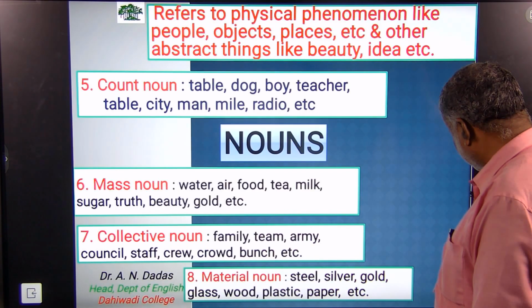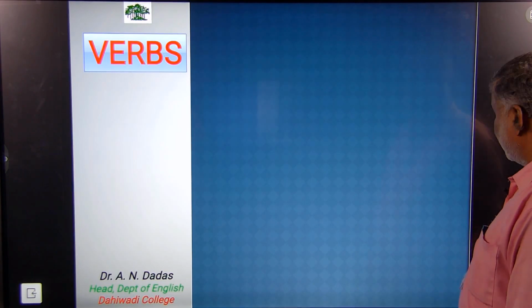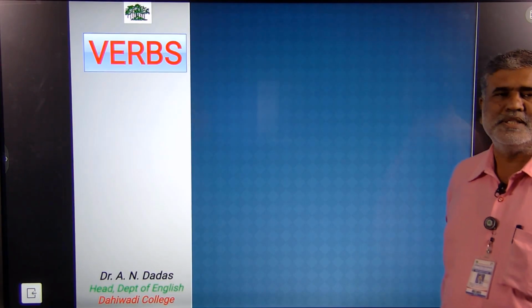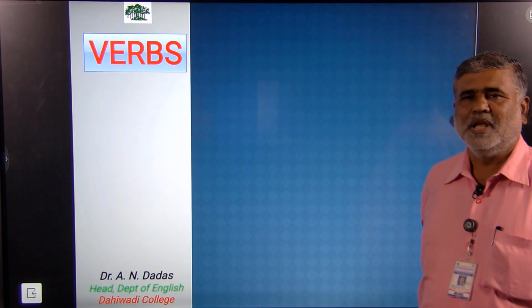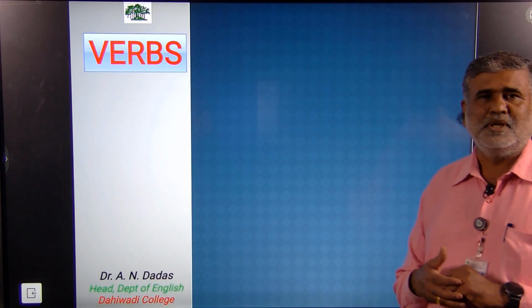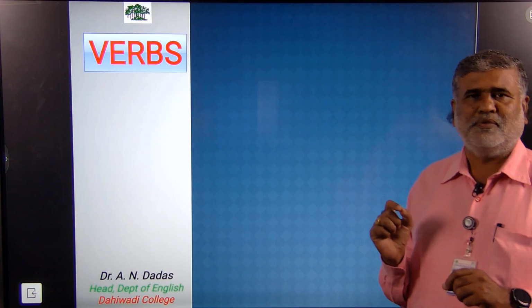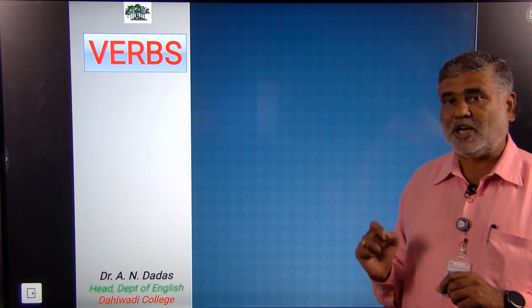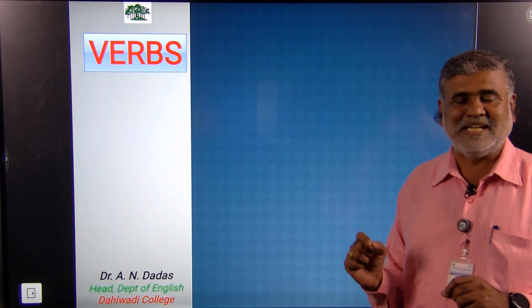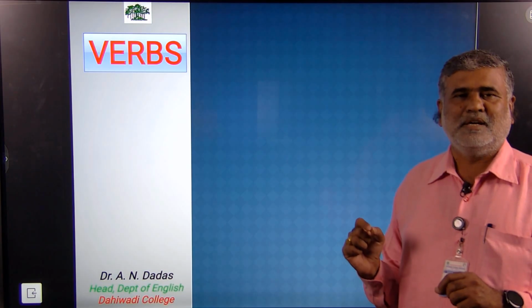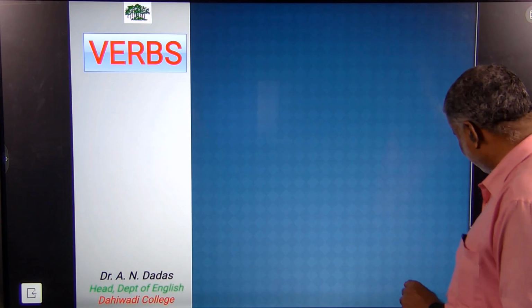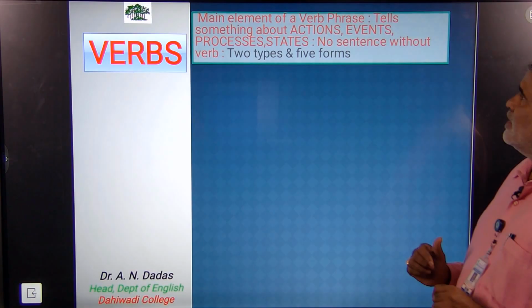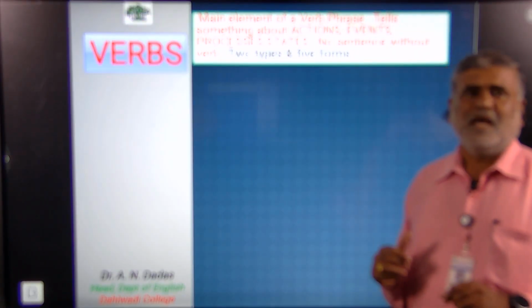Now let us consider the next type of words, that is verbs. When we think about verbs, the verb is a very important part of speech without which we cannot write a sentence. That is the importance of verbs, and we have different kinds of verbs.